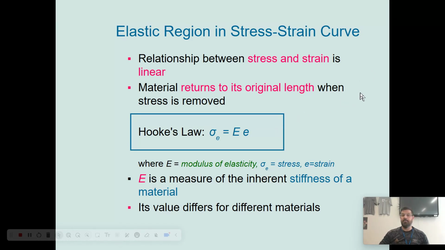When scientists measure the tensile strength of a material, they measure the stress, which we would have just measured.